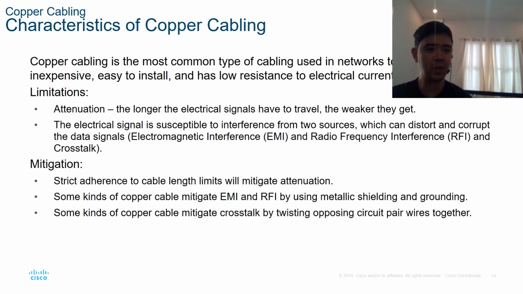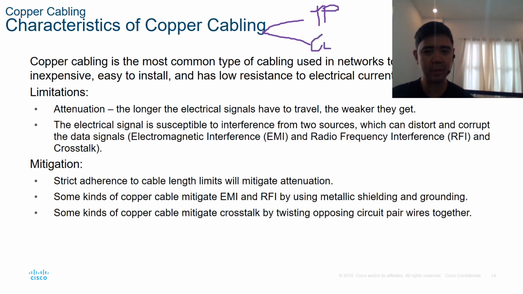So now let's look into some characteristics of our cabling. In copper cabling, there are two cables being used: twisted pair, and the other one is coaxial, coax.